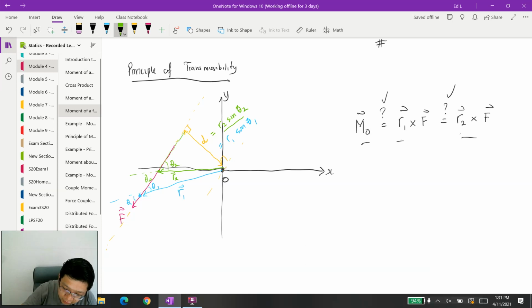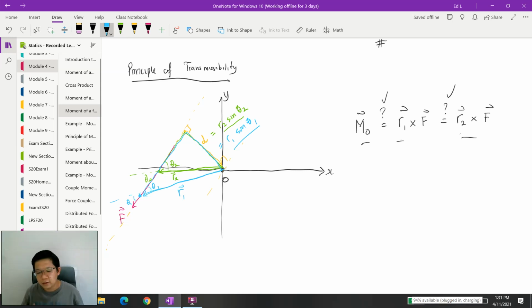Okay, so they are basically the same, because if working on R2 sine theta 2, we're actually looking at these triangles right there. On the other hand, obtaining these terms, we're looking at these blue triangles. So, in other words, these expressions are actually the same.